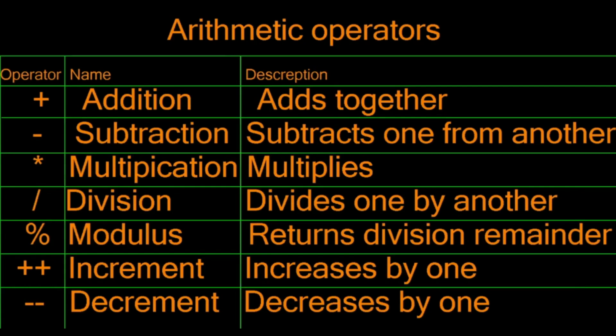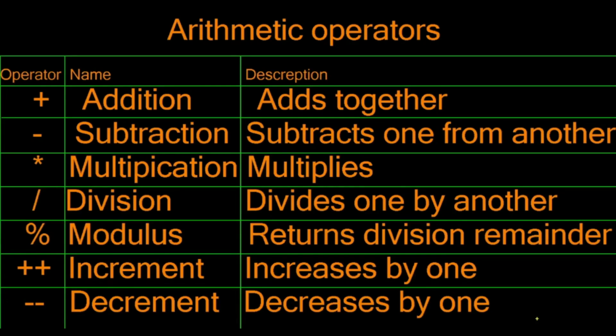And the decrement operator does the opposite. It decreases by 1 the current value. All of the operators are usable in the language and you have to know them. Pretty much that is for the arithmetic operators.